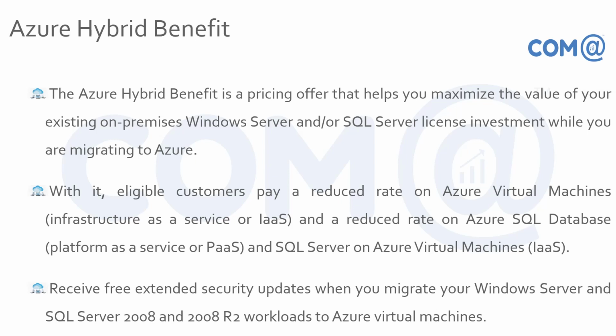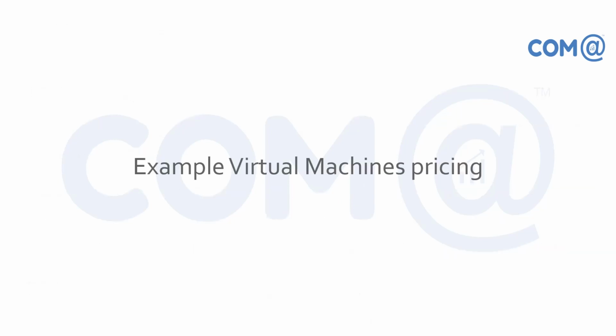With it, you are eligible to pay a reduced rate for Azure virtual machines and a reduced rate for Azure SQL Database under platform as a service and SQL Server on virtual machines under IaaS. You can receive free extended security updates when you migrate your Windows Server and SQL Server 2008 and 2008 R2 workloads to Azure virtual machines. With these benefits, most companies can move to Azure and utilize their existing licenses.